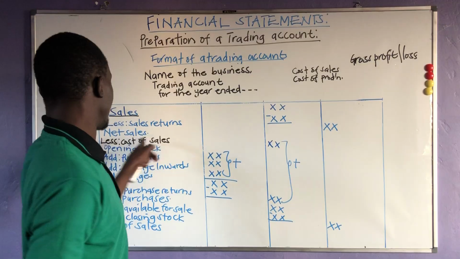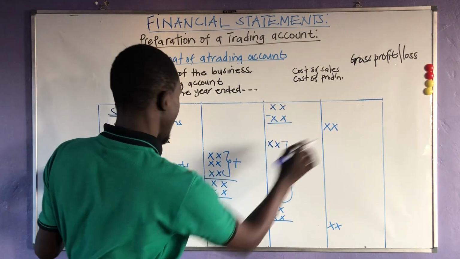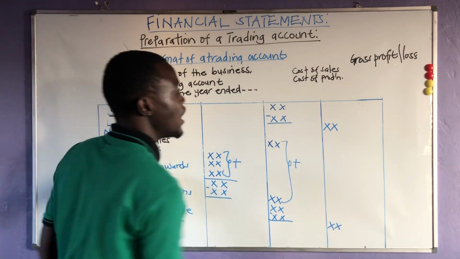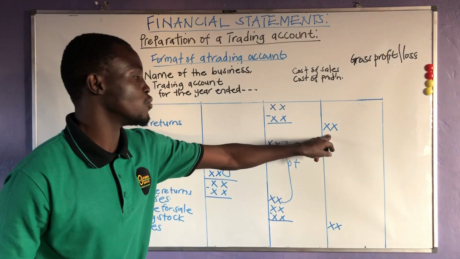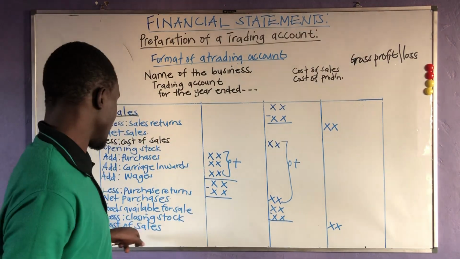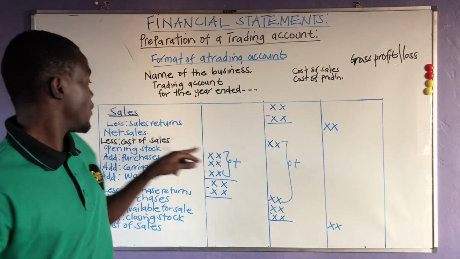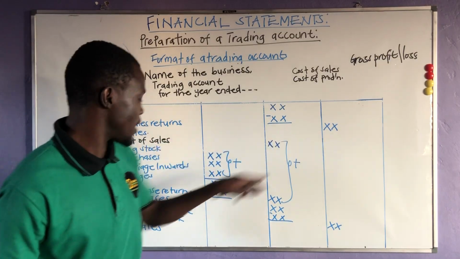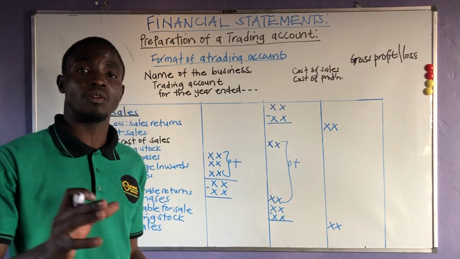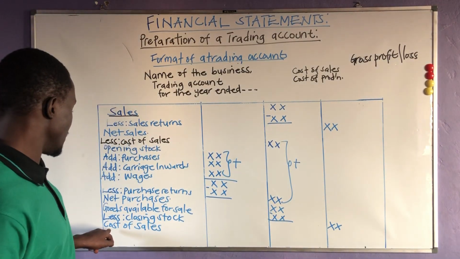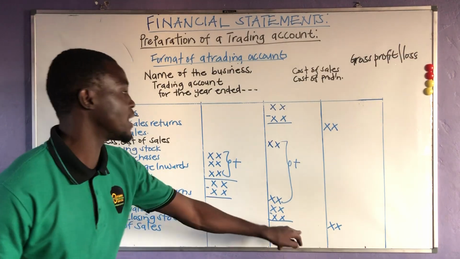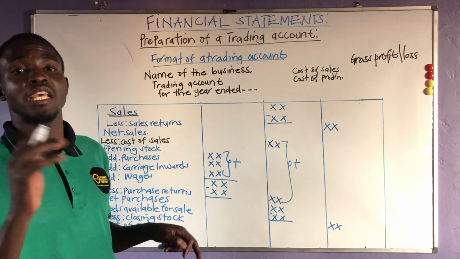Now, when you have net sales here and you have cost of sales here, you can compare these two. Compare the net sales and the cost of sales. If net sales is greater than the cost of sales, meaning it is a gross profit. But if cost of sales is greater than net sales, meaning it is a gross loss.